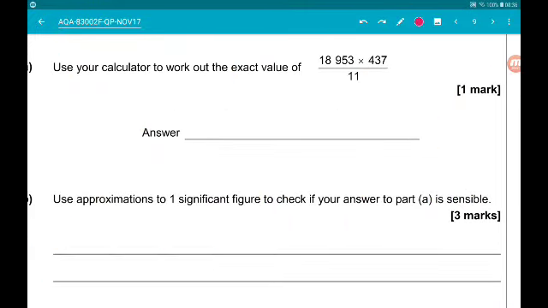Okay, 13a wants us to use our calculator to work out the value of 18,953 times 437 over 11. Okay, so put that into your calculator and you should get 752,951.